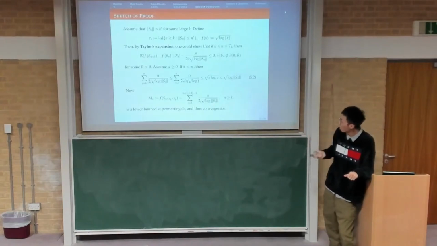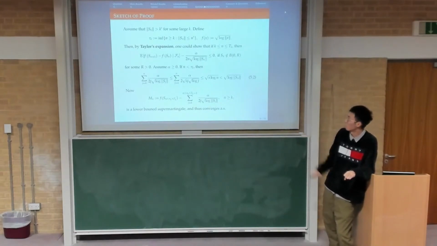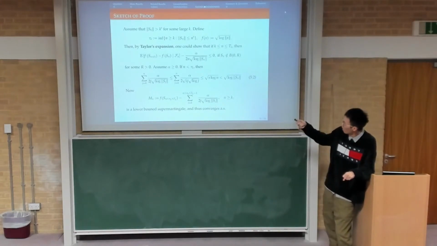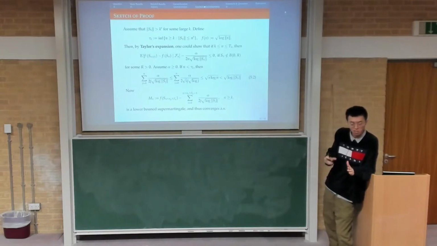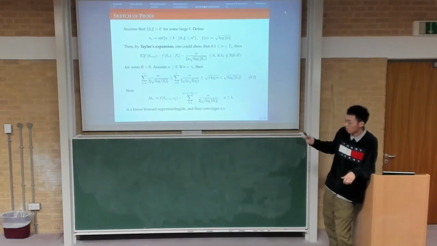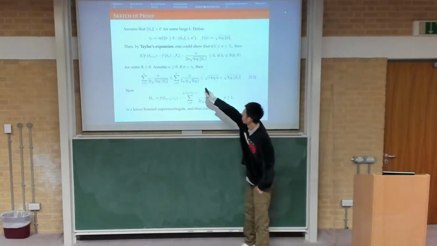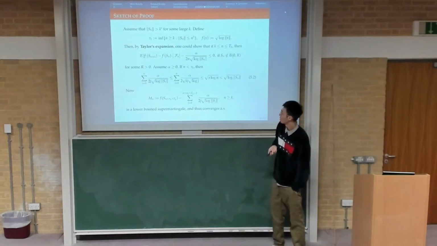We define tau k to be the first time you return to the growing ball, and we just use the same Lyapunov function, square root of log x. Then here one can just use Taylor expansion, because the first moment and second moment of the conditional increments of Sn are easy to compute. Then one can show that this is non-positive.